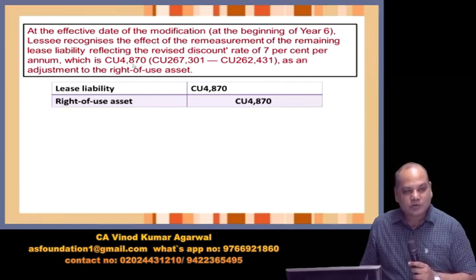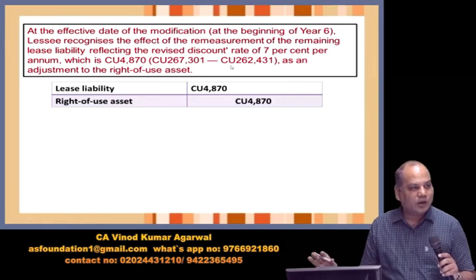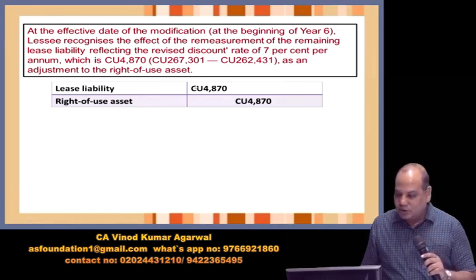How has this 4870 come? After passing the previous entry, my liability is 267,301, but it should be 262,431. That difference is 4870.